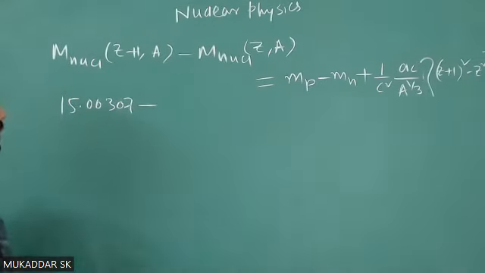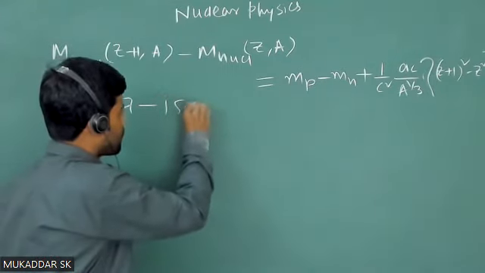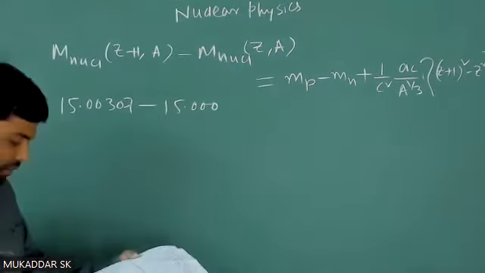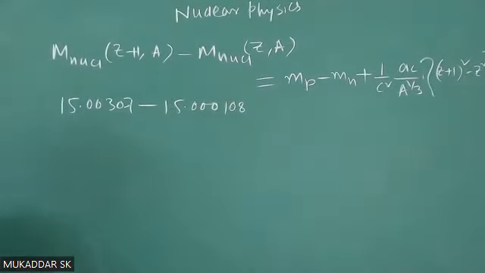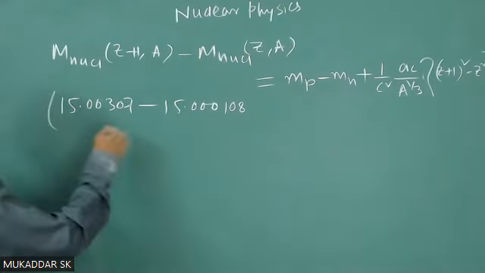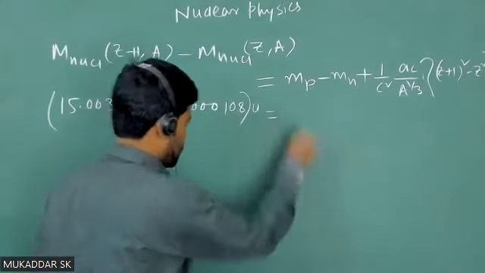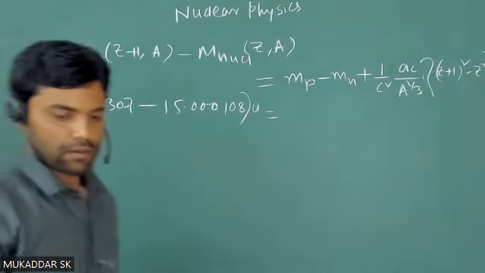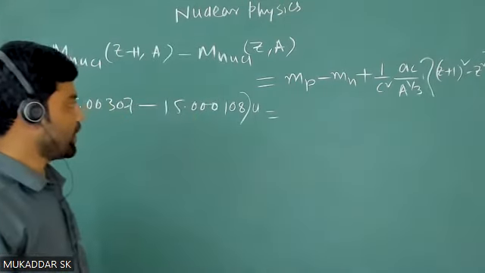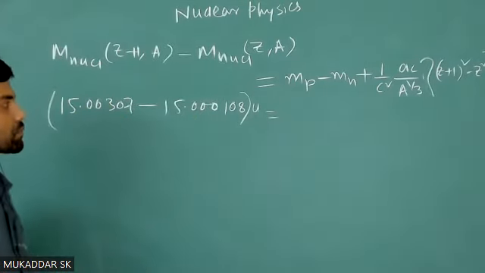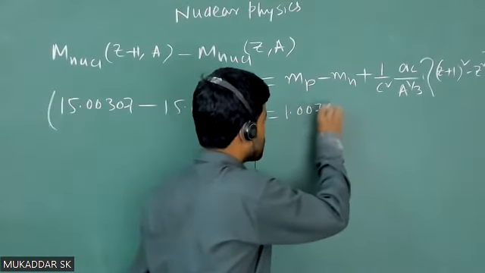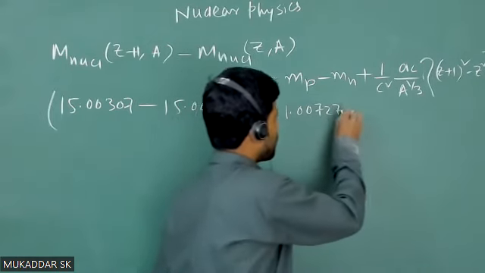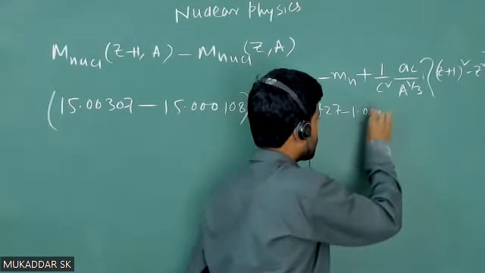And the other one is 15.00108 in atomic mass unit. What is the mass of proton? 1.00727, right. Neutron is 1.00866.